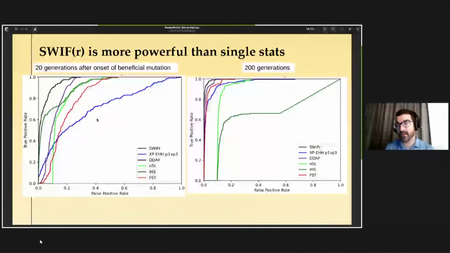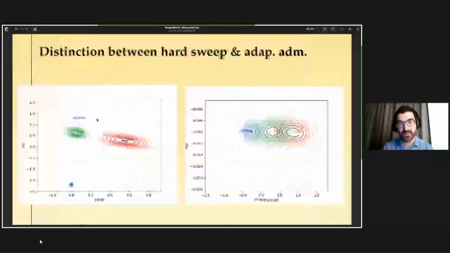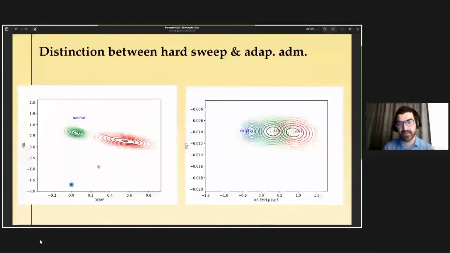These ROC curves are being performed using both simulations with the beneficial mutation and simulations with the neutral mutation, and it's actually pretty able to distinguish between the neutral and different demographic scenarios.